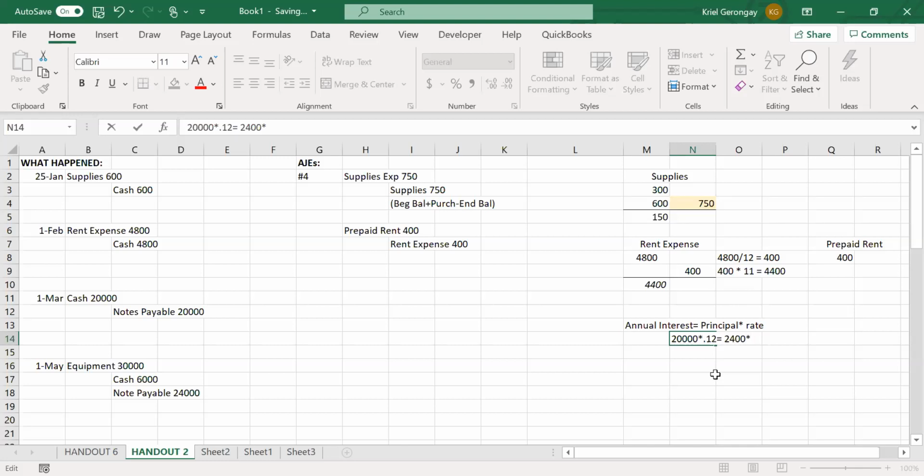So 10 over 12, which is 2,000. What this number means is that from March 1st to December 31st, we incurred 2,000 in interest.